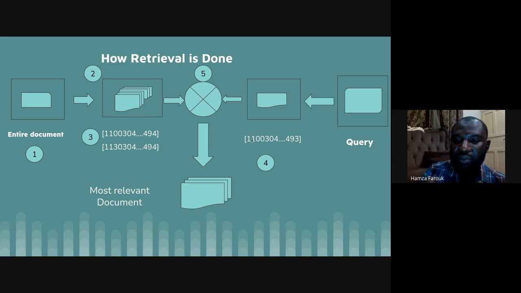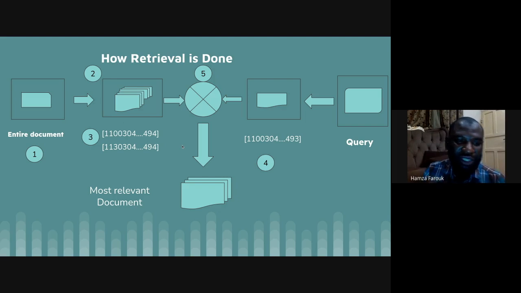Then I do some comparison. I have my query and the entire document in chunks. Which embedding of the chunks is most similar to that of the query? When I'm able to do this comparison, I get the most similar document from whatever I have, and now I'm going to use that document as the context.